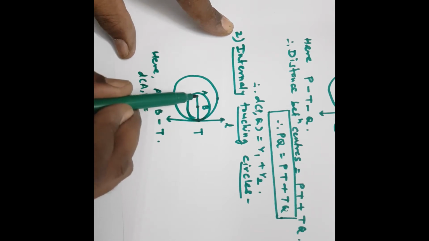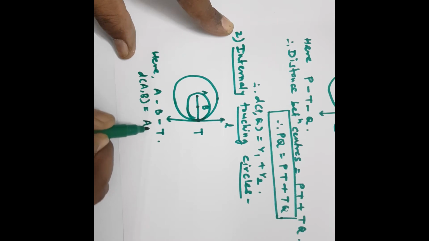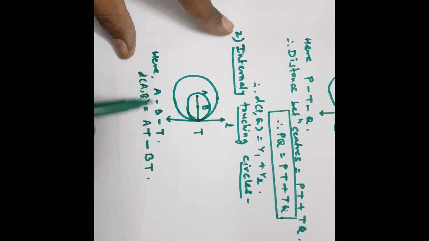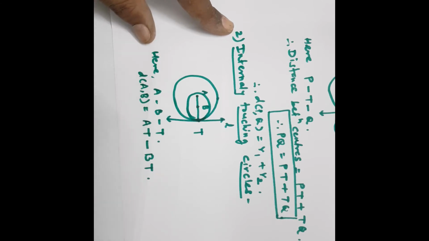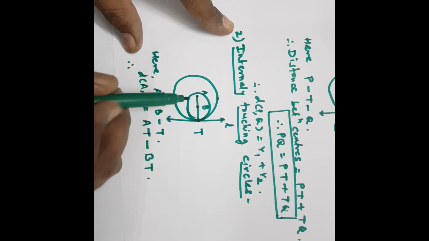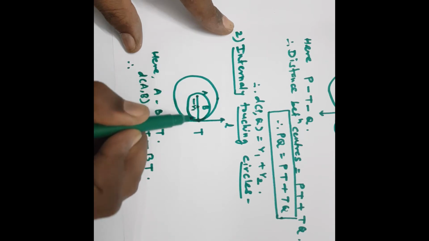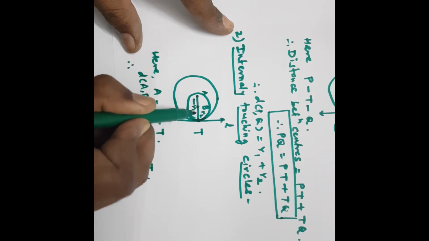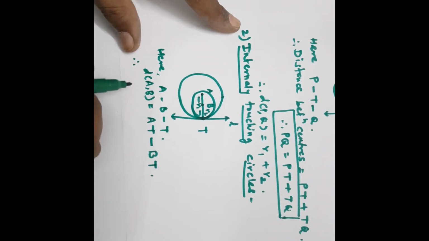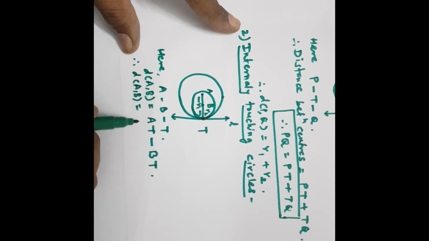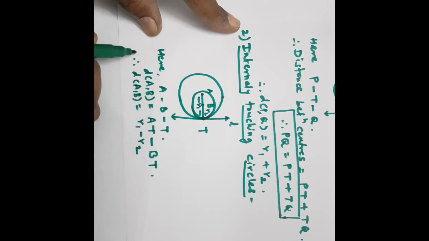The distance AT is AB plus BT, therefore the distance AB is AT minus BT. That means if the radius of the circle with center A is R1 and with center B is R2, then the distance between the centers is equal to R1 minus R2.